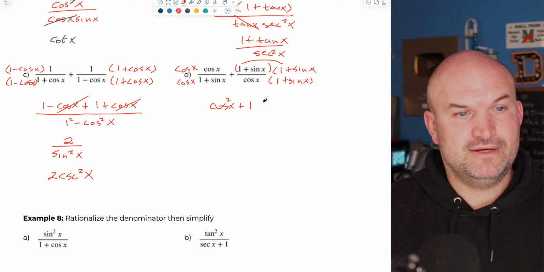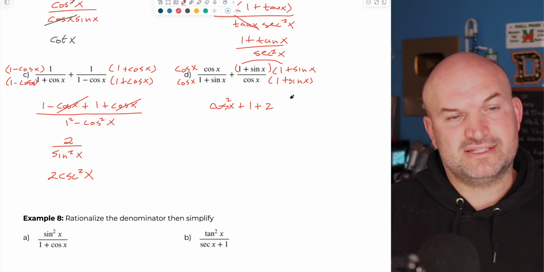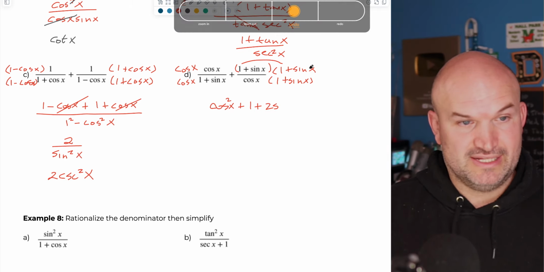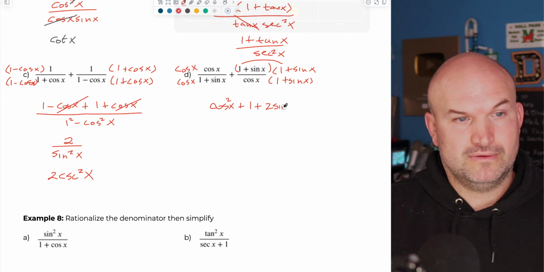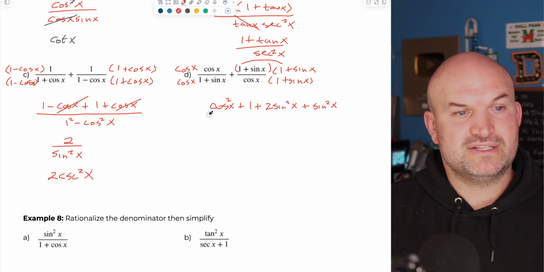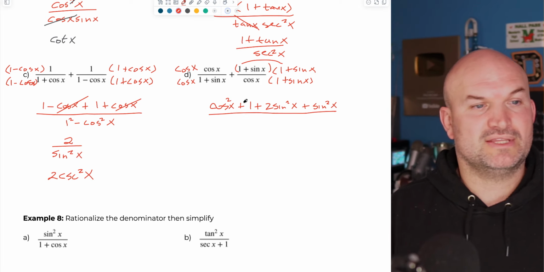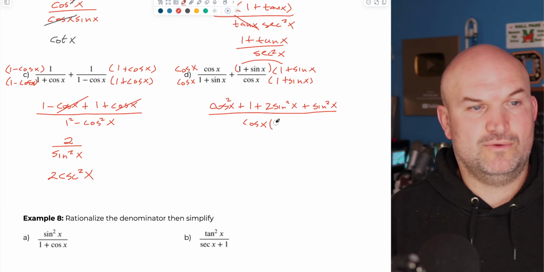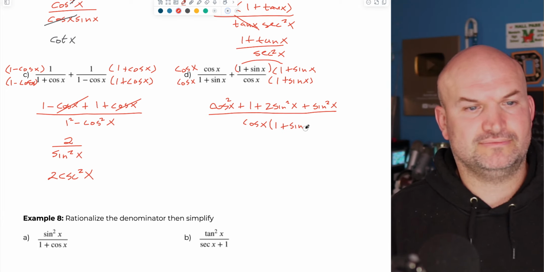So since it's the same thing, it's a binomial squared. So I know it's going to be 1 times a sine squared of x, and that's going to be plus a sine squared of x. And this is, again, all over a cosine of x times a 1 plus sine of x.